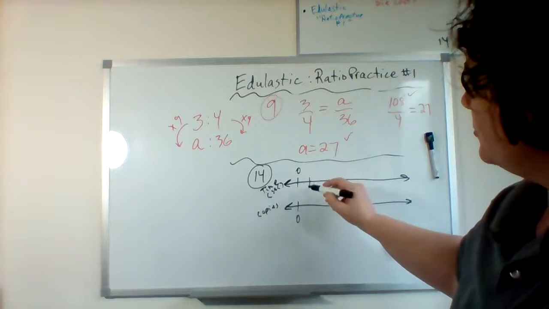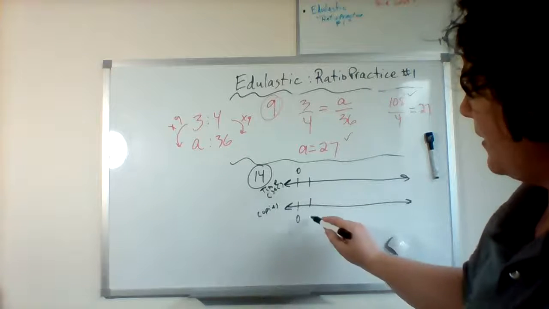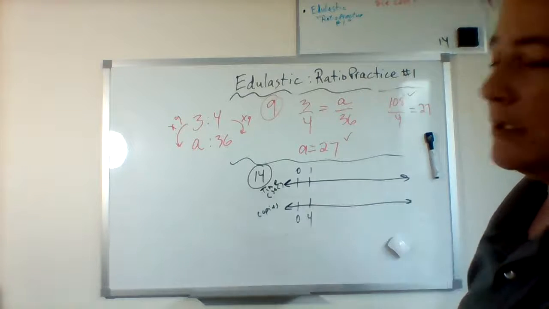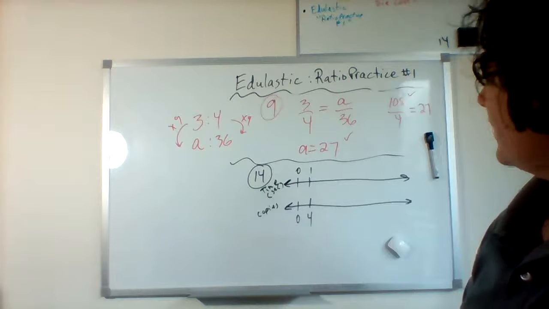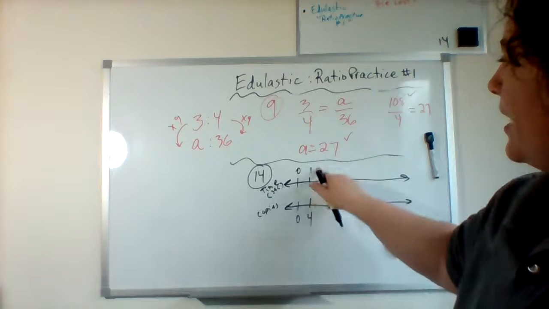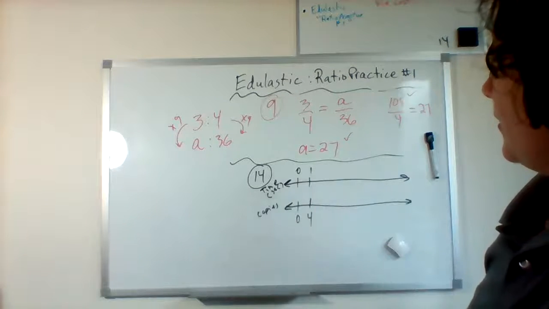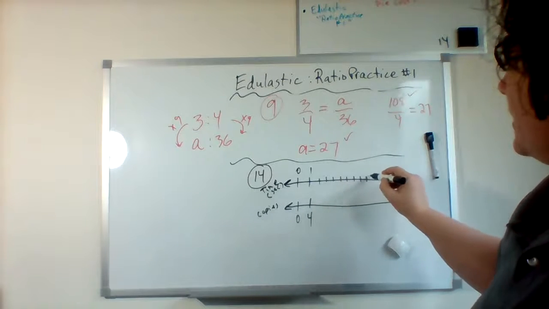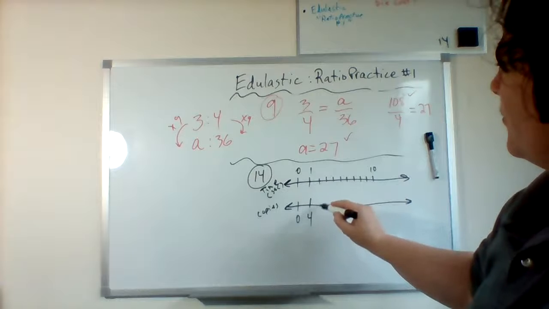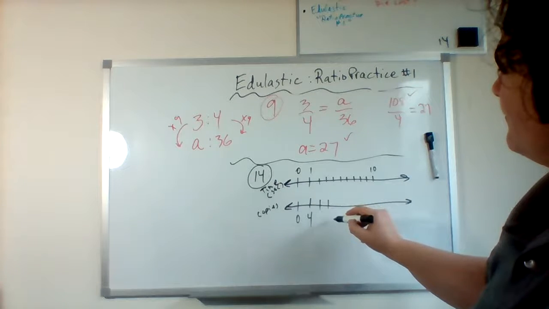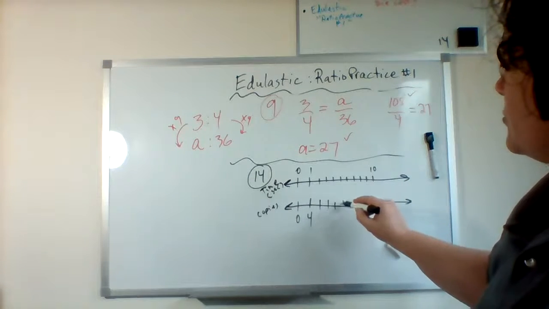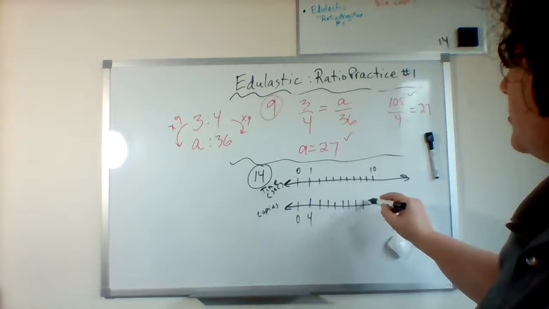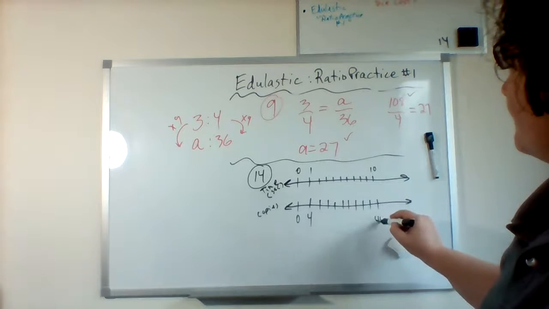But if you do have to make 4 copies, you could do it in a second. That means that we're counting by 4s here and 1s here. So 2, 3, 4, 5, 6, 7, 8, 9, 10. 4, 8, 12, 16, 20, 24, 28, 32, 36, 40.